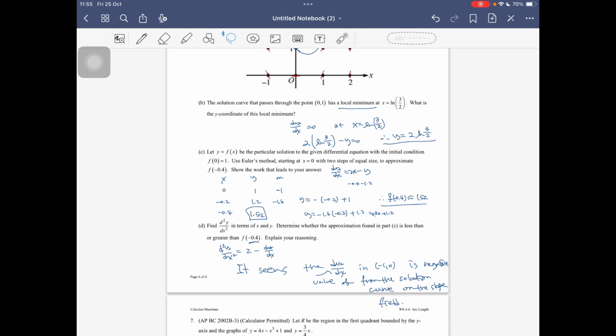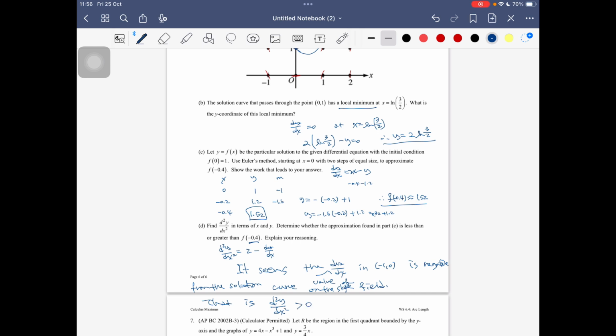Okay, anyway, on the slope field, therefore, the second derivative could be positive, which means the solution may be concave up in this interval.